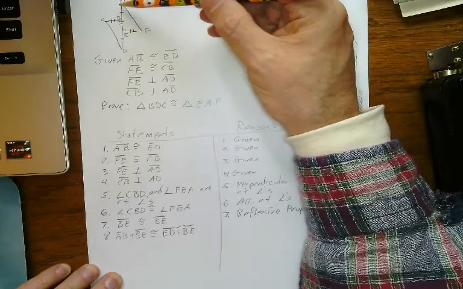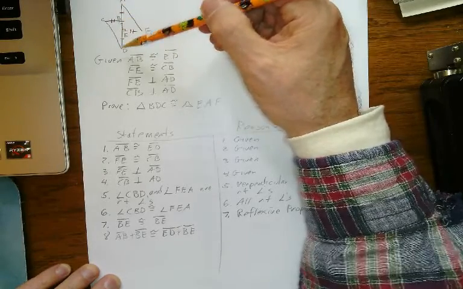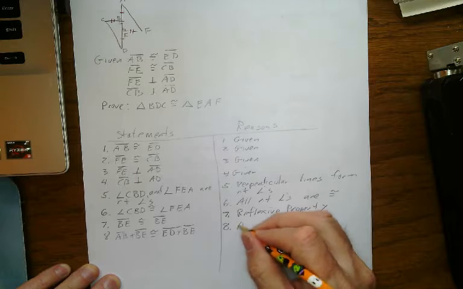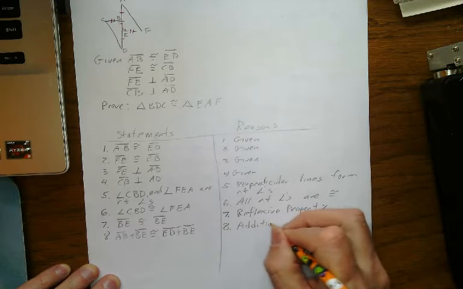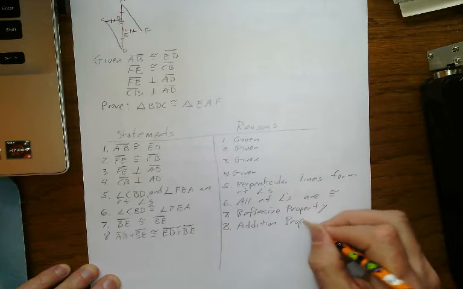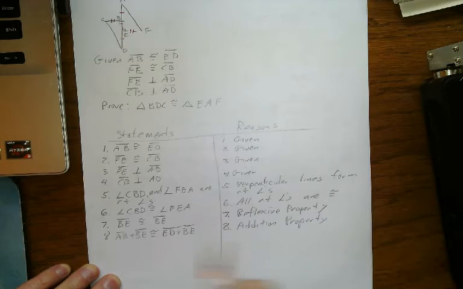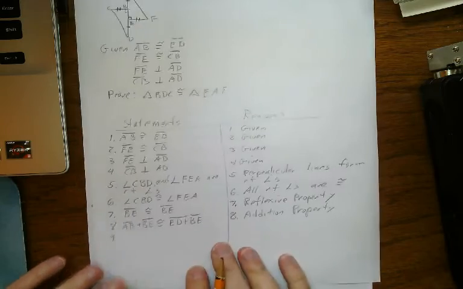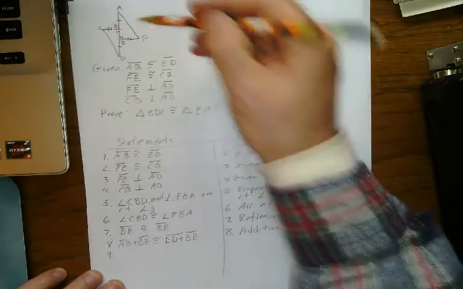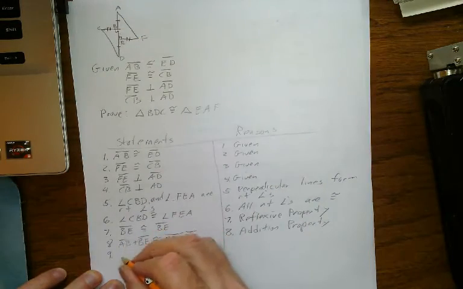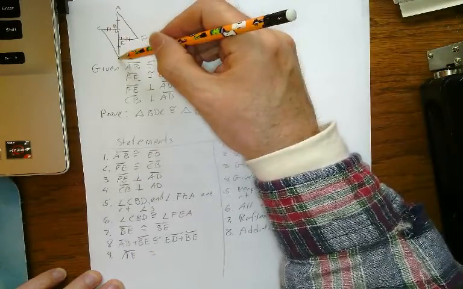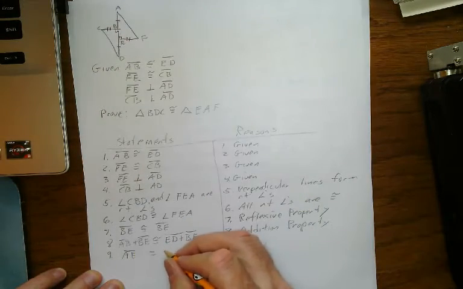Because now what I end up getting is AE and BD. The reason for this is called the addition property. And the addition property in words is when equals are added to equals, the results are equal. So what do I get when I add AB and BE? Well, when I add AB and BE, I get AE. And when I add ED and BE, I get DB.